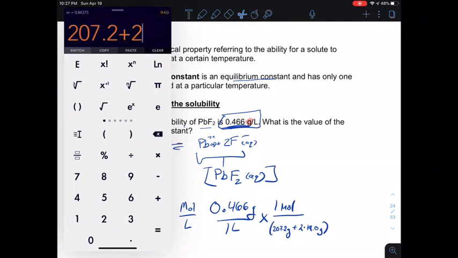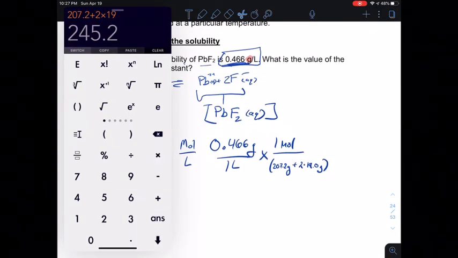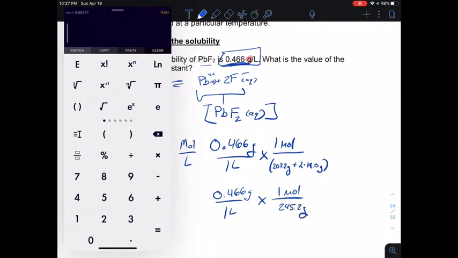207.2 plus 2 times 19, and we get a value of 245.2 grams per 1 mole. So I'm going to take that 0.466 and multiply that by 1 divided by 245.2.